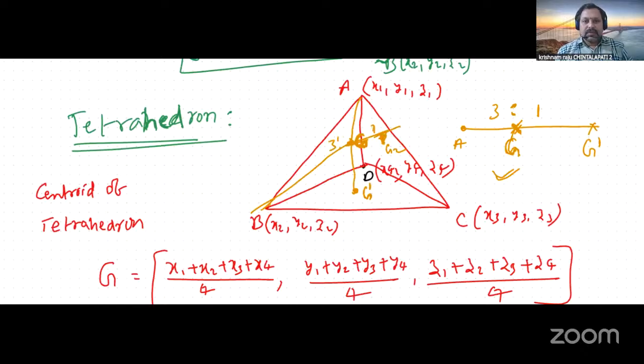Clear everybody? G is the actual centroid of the tetrahedron and G dash is the centroid of the opposite face. For suppose if you consider A, their opposite face is BDC. Now the centroid of BDC is G dash. Now if you draw a line joining vertex A to G dash, then the centroid of the tetrahedron divides this line in 3:1 ratio.